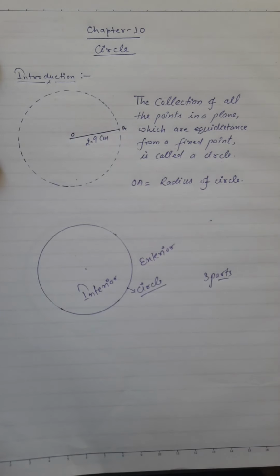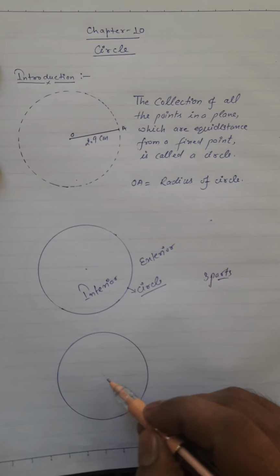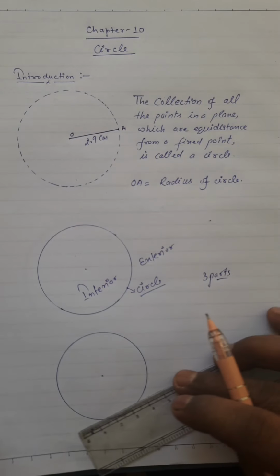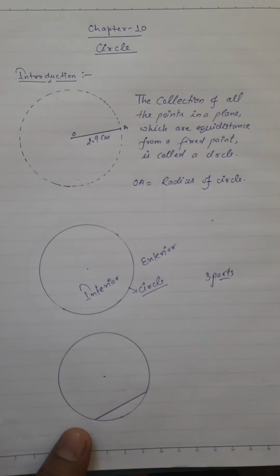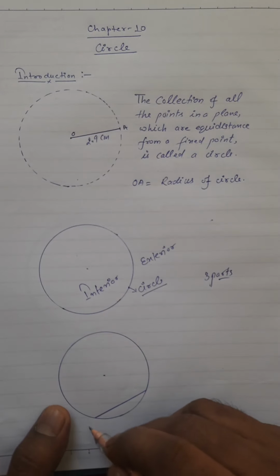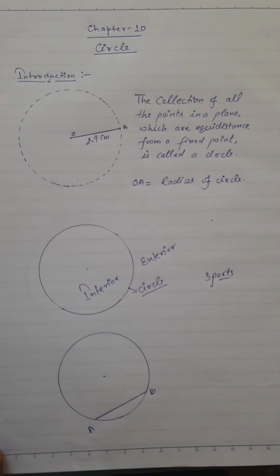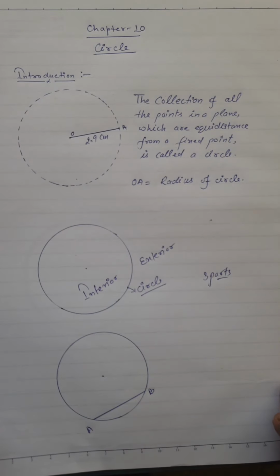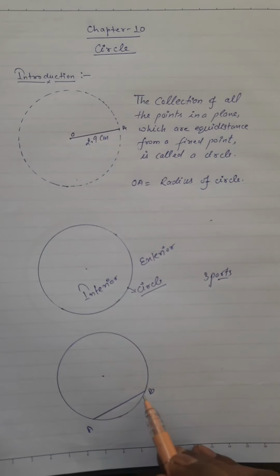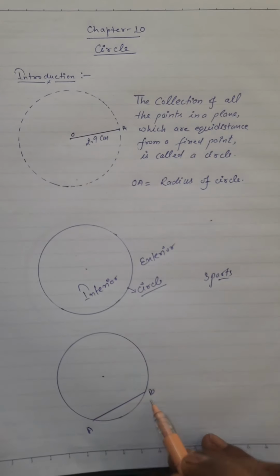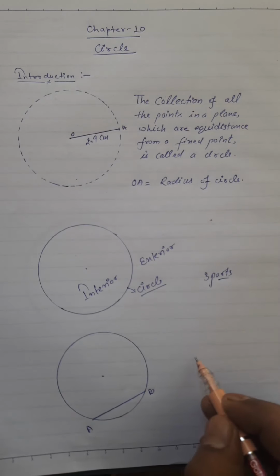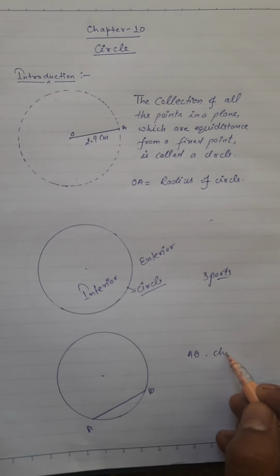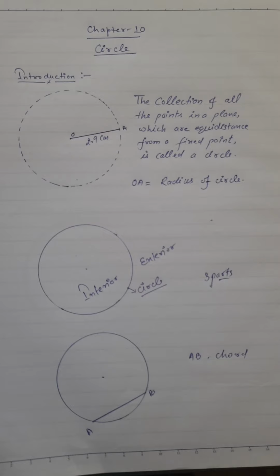If I draw a circle again and join any two points of the boundary, suppose point A and point B, they are part of the boundary, and I join them with a line segment. So AB is called a chord of the circle.